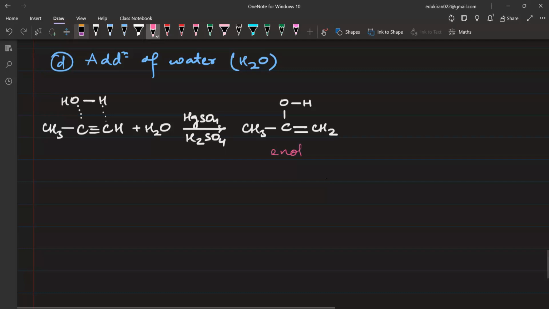Because of this particular double bond and the hydrogen attached with the oxygen atom, which is highly electronegative, the hydrogen will get a delta positive charge, and this double bond is going to attack the hydrogen. Now, since the hydrogen is getting the electron, it will lose the electron towards the C-O bond, and it will make a ketone. Now, tautomerism है ना, ये क्या होता है? This is tautomerism.